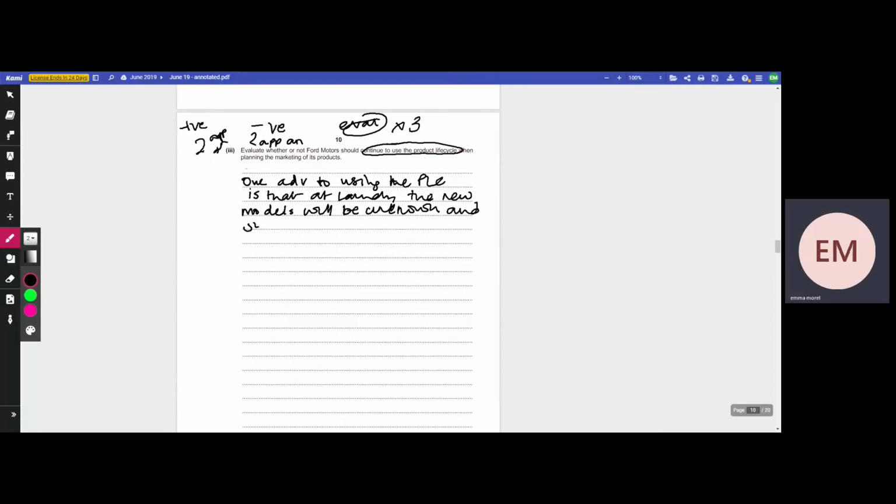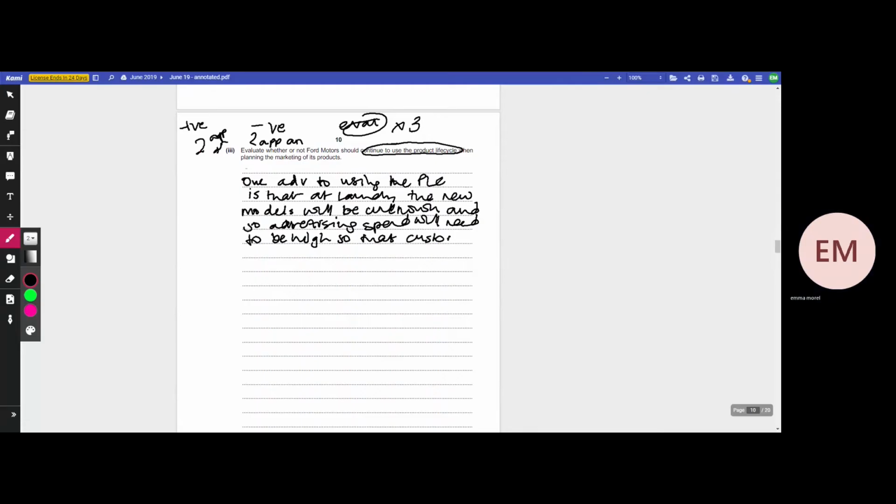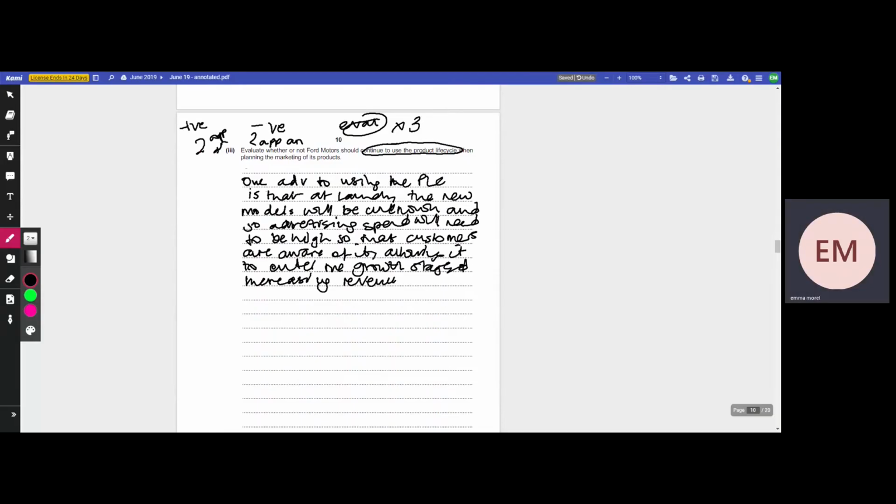And so advertising spend will need to be high so that customers are aware of it, allowing it to enter the growth stage and increasing revenues. Okay, so I'm going to get my analysis mark there because I've said what's going to happen. I've also talked about the new models being unknown, so I can get my application mark there. Okay, so I've got 2 marks so far.